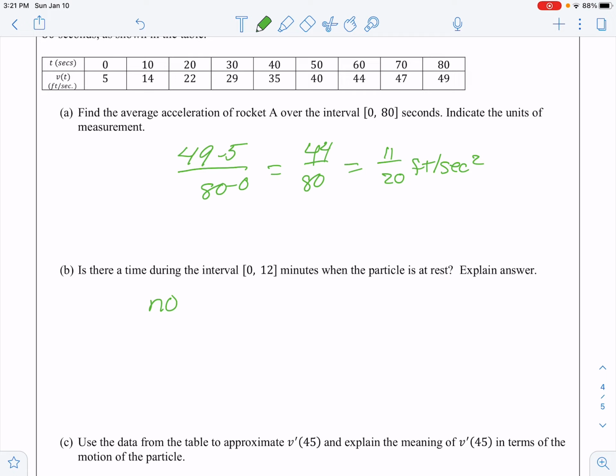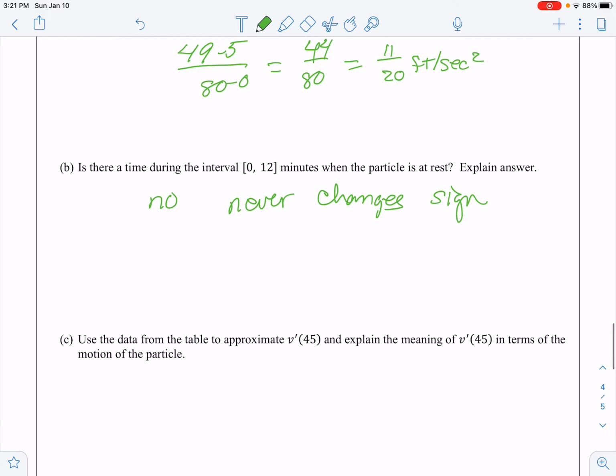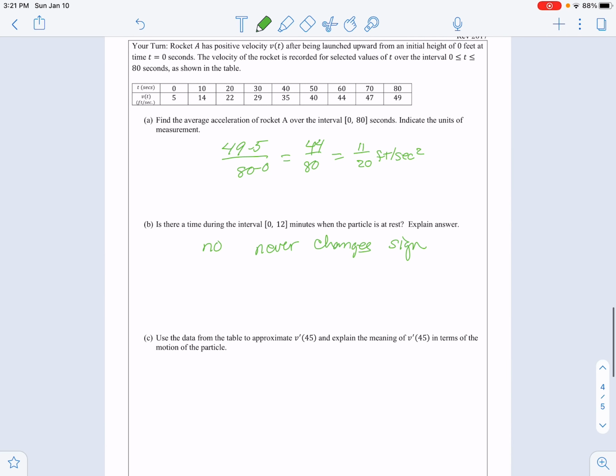No. Never changes sign. Approximate V prime of 45. So you have 40 minus 35 over 50 minus 40, which is 5 over 10, which is a half feet per second squared. It's acceleration.